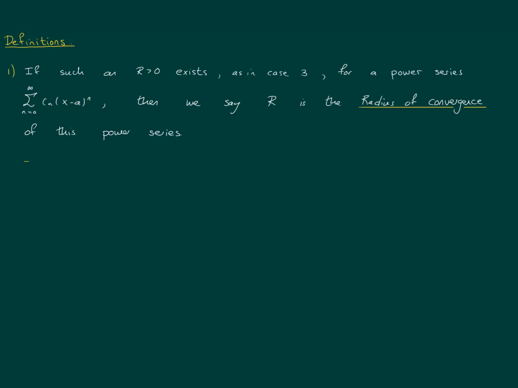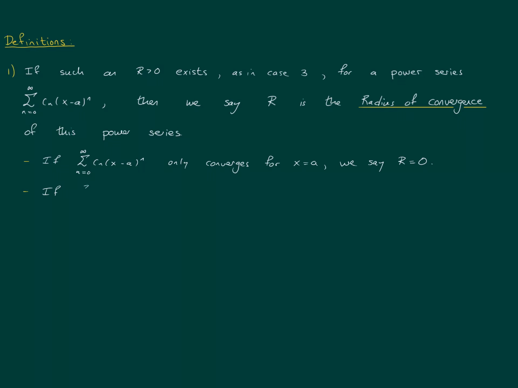But if we have, as in case 1, so if the series only converges at x equals a, we say that the radius of convergence is 0. And if you think about the picture, this makes sense. It's a 0 width interval.